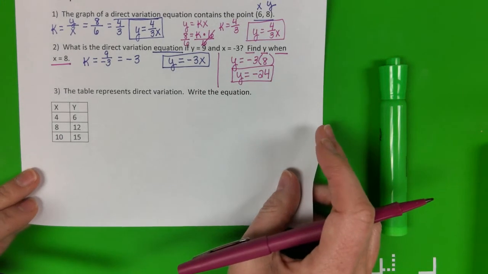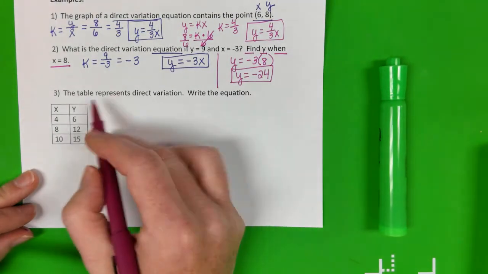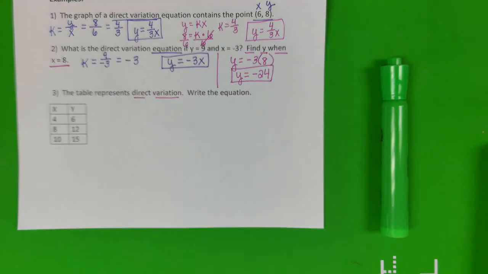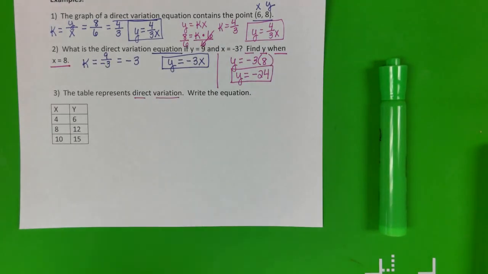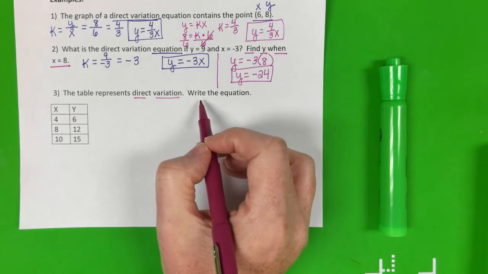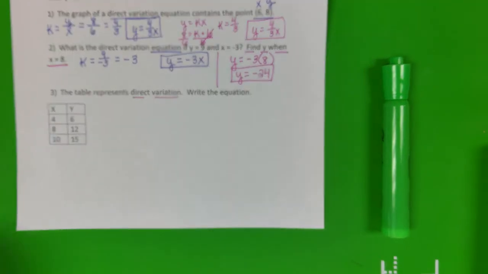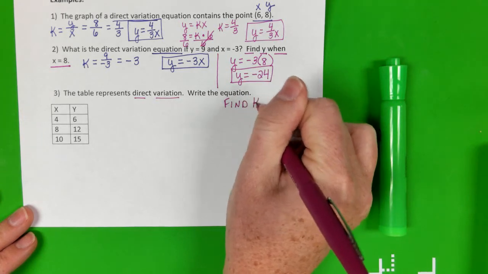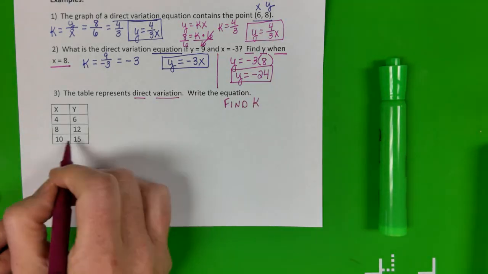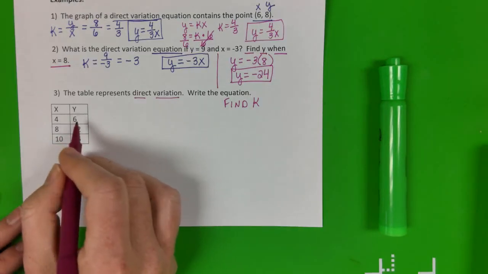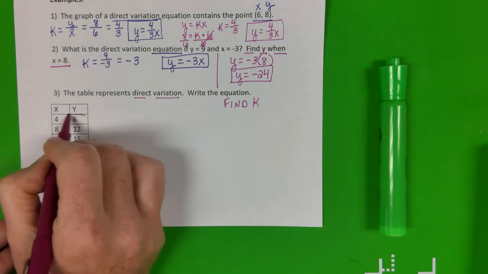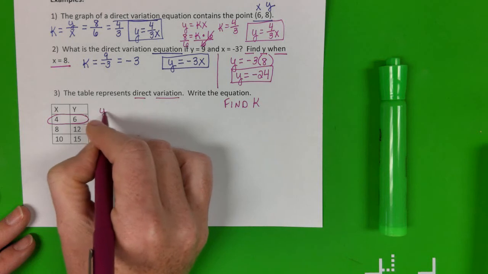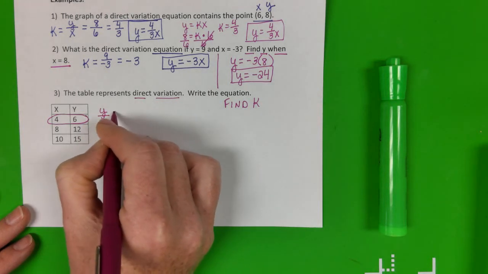Okay, here's an example of a table. The table represents direct variation. I've already told you that it's direct variation. I've already told you it's proportional. So all I want us to do is write the equation. Remember, to write the equation, we just need to find k. And since we already know it's direct variation, we don't have to test every single point. I can just take one point, and remember, we're going to do y over x.